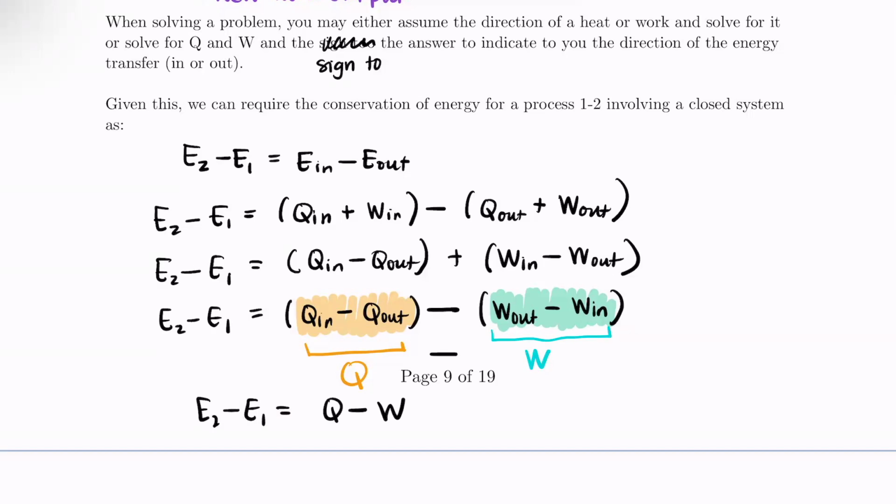Okay, so a note here. Q in, Q out, W out, and W in are all positive values.